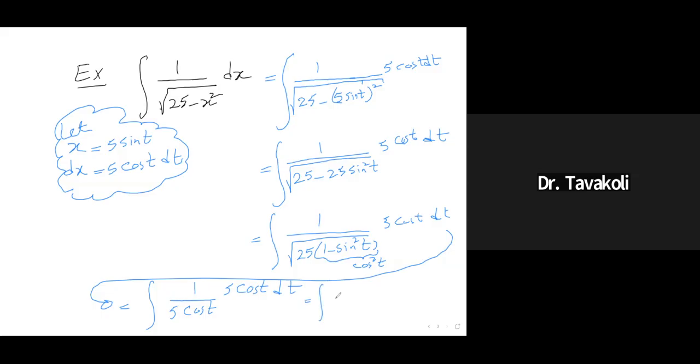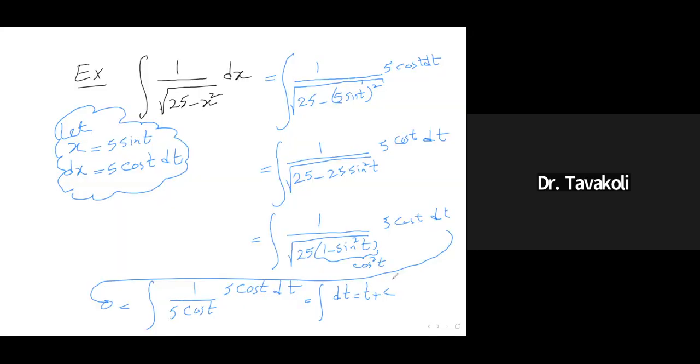It's the integral of dt. In fact, this means the integral of 1 dt. It's not common to write 1, but that's what it means. The antiderivative of 1 is t, so it's going to be t plus c.